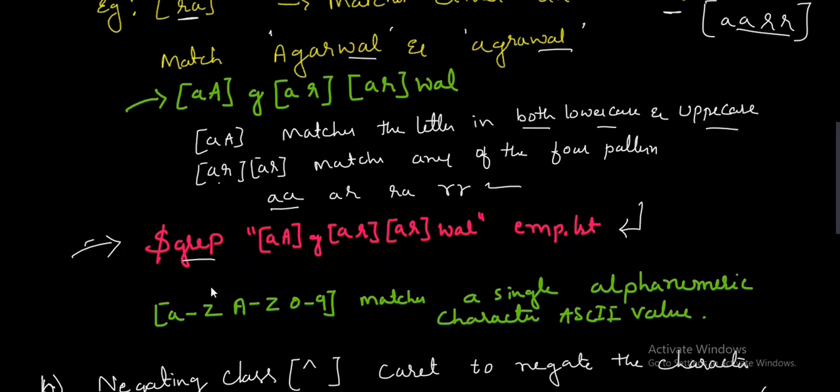You are going to get some number of lines that match these two strings or patterns. It will display all those lines. Just take this command along with the regular expression.